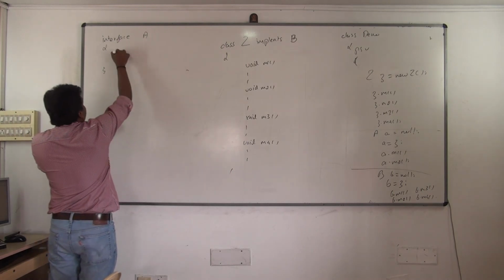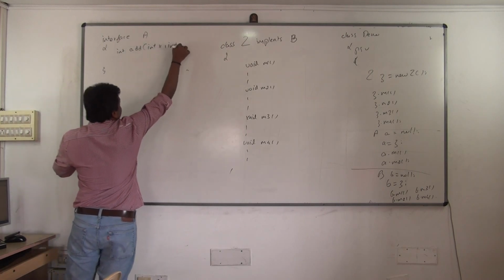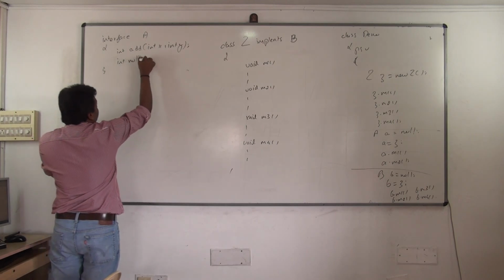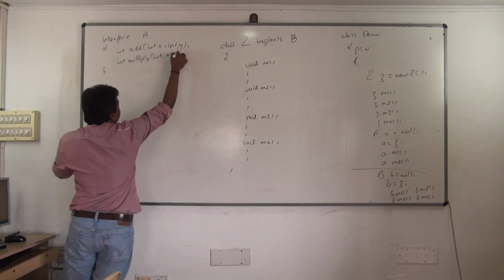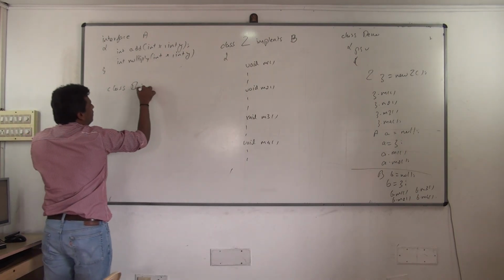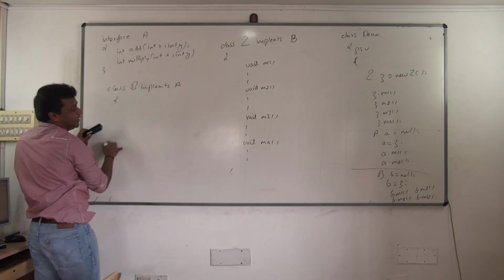See, supposing this is interface A and I have written this kind of logic, int add and int multiply. You will implement it. How will you write? Class B implements A and you will override. You know that.